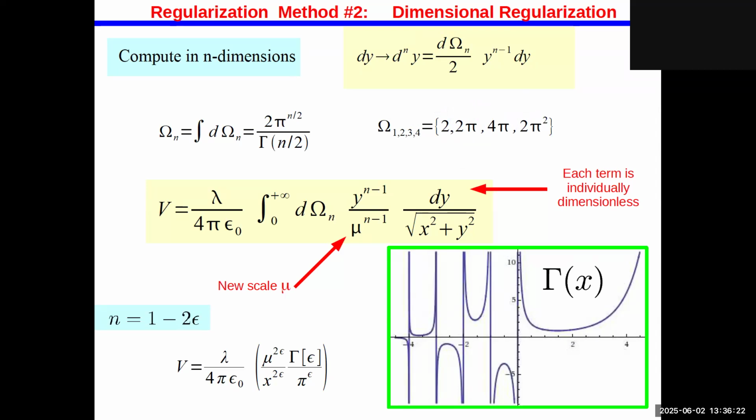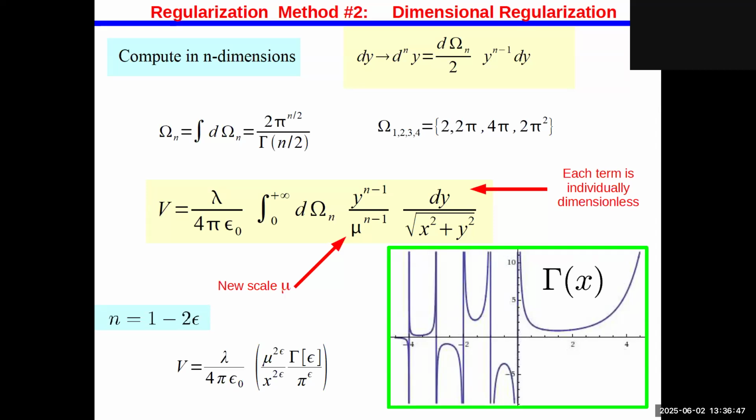Now if I do the same thing, but in n dimensions, again, this has units of potential, so everything in the integral must be dimensionless. Well, the angular integral is dimensionless, that's just a number. I have dy over y, that's meters over meters. I have this extra y to the n minus 1 floating around. That's a problem.